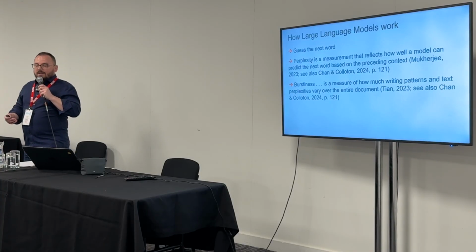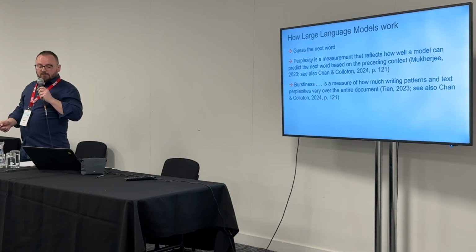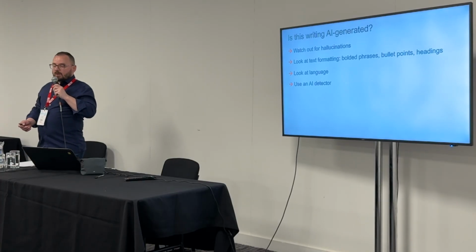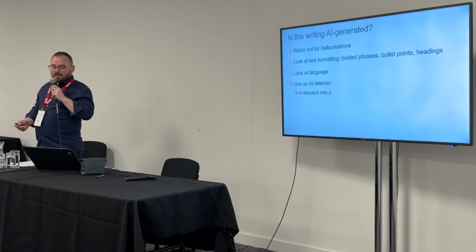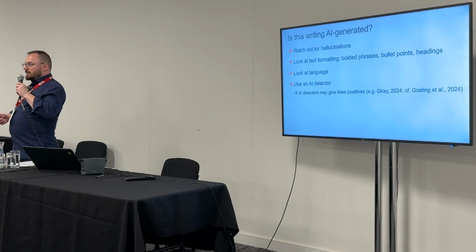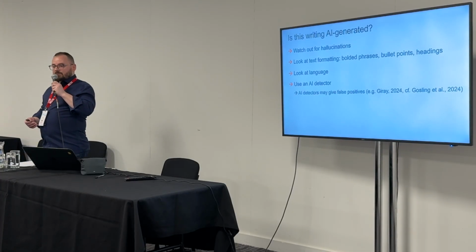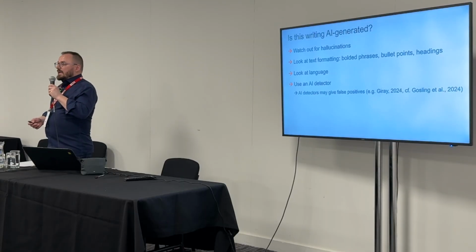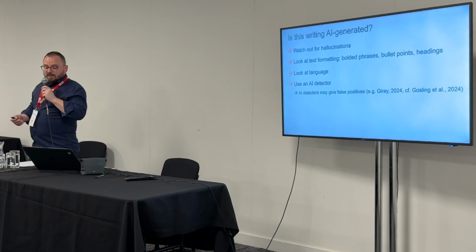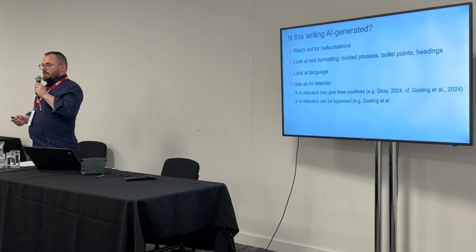I'm saying this because I want to briefly go back to the AI detectors. It has been pointed out that AI detectors might give false positives. They might indicate that the text is AI generated, while in fact it was written by a human, and apparently it's more likely to happen when the writer is neurodivergent and has a particular writing style. Another problem with AI detectors is that they can be bypassed.